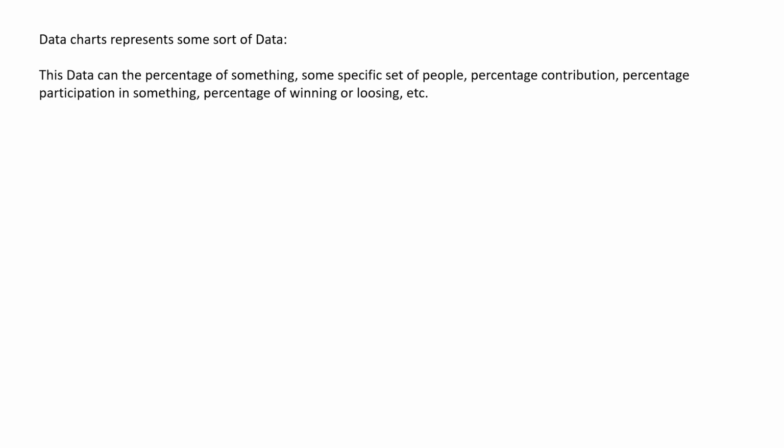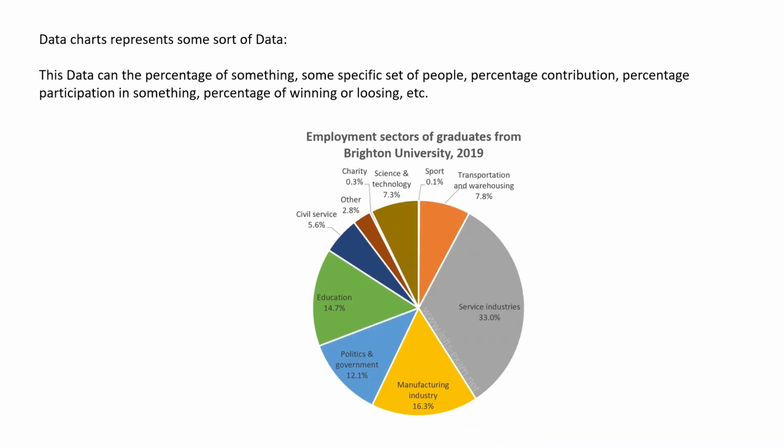So data charts basically represent some sort of data, as the name itself suggests. This data can be the percentage of some specific set of people, percentage contribution in something, percentage participation in something, percentage of winning or losing maybe. For example, you can see this one pie chart, and you can see the data is represented in percentage.